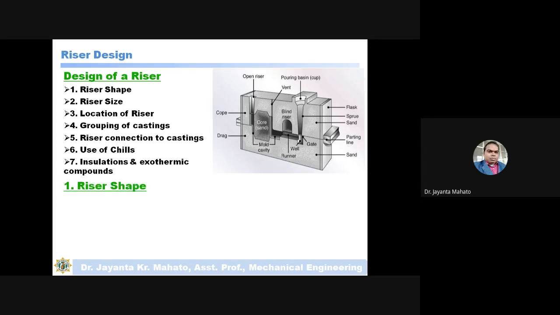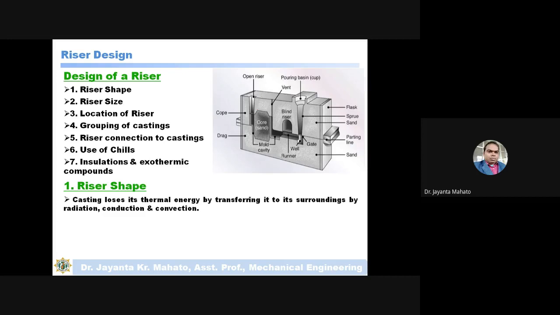So the first one is riser shape, meaning what type of shape you want to provide in making the mold. A casting loses its thermal energy by transferring it to its surroundings by radiation, conduction, and convection. This is actually a general rule.